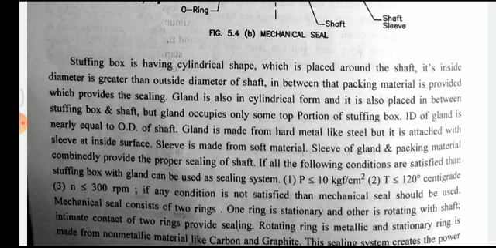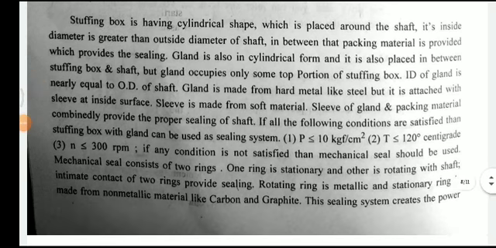If all the following conditions are satisfied, then stuffing box with gland can be used as a sealing system. First, pressure is less than or equal to 10 kg per centimeter square, then temperature is less than or equal to 120 degree centigrade, and the speed in revolutions per minute is less than 300 rpm.